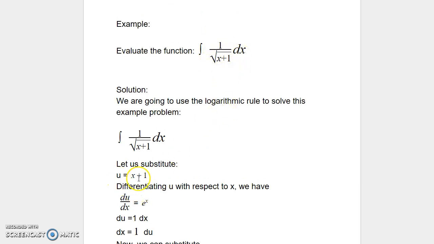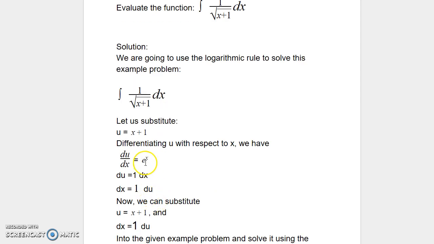Since u is a function of x, we're going to differentiate this function with respect to x. du by dx is equal to 1, not e to the power of x. This should be equal to 1, so just ignore that. Therefore we can write du equal to 1 dx, or we can write dx equal to 1 du, right?